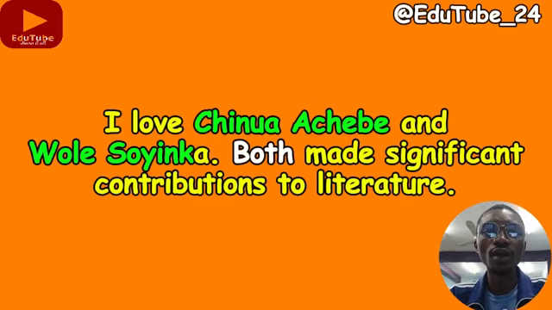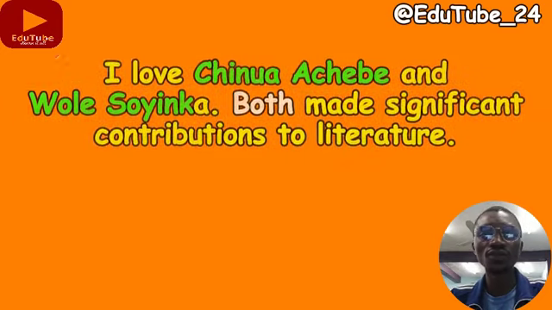So both made significant contributions to literature. Both in that regard is used for just two entities or two groups, which is Chinua Achebe and Wole Soyinka. So it would be wrong to say both Chinua Achebe, Wole Soyinka, and William Shakespeare, because those are three personalities. So both should be used only for two items, two entities, or two groups together.